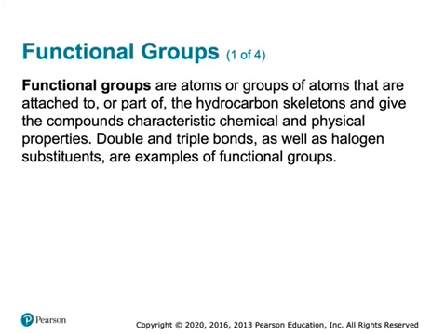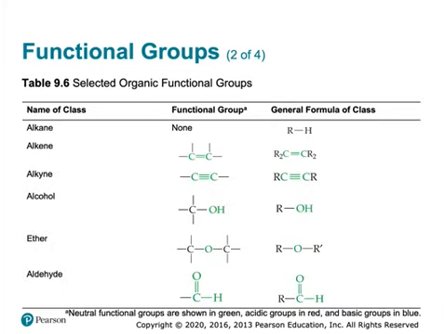But then we can add functional groups to this, like an OH group, and then we call it an alcohol. So now we start to categorize the organic compounds based off of what groups are on them, and that changes their chemistry. So I already mentioned alkane, alkene, alkyne.